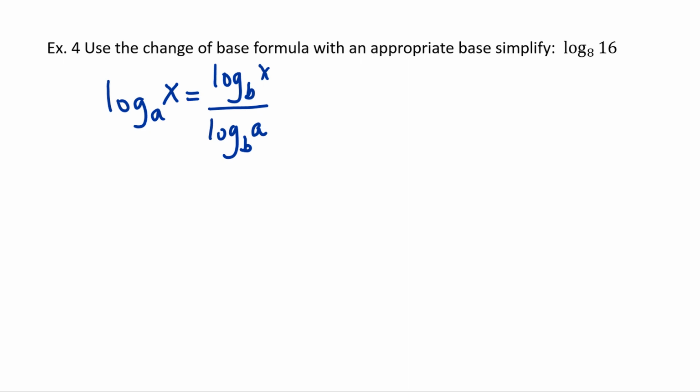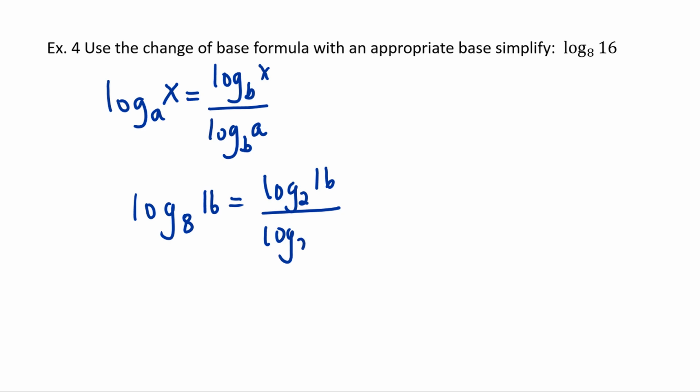So I'm going to choose base 2 as the rewriting change of base formula, and I'll write log base 8 of 16 is log base 2 of 16 divided by log base 2 of 8. That's an application of the change of base formula.